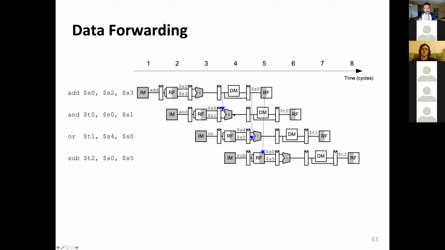Cycle 4 is when the second instruction exactly needs this value. So this value, after it has been latched at the start of this cycle 4, you can pass it or forward it to the ALU.